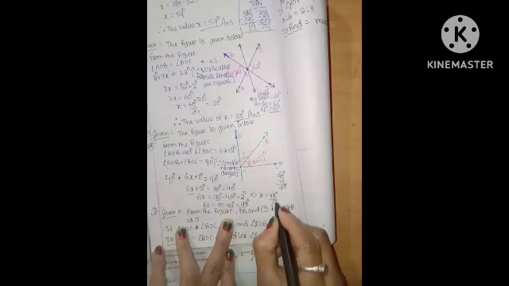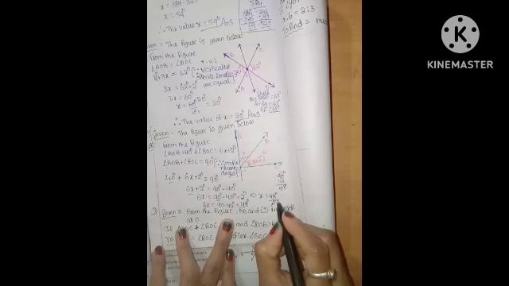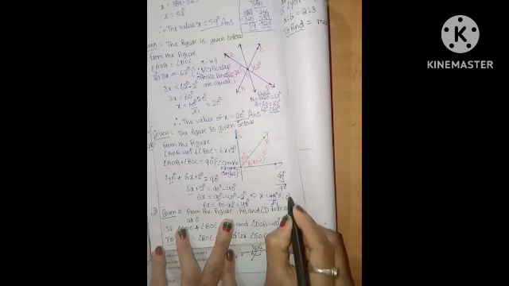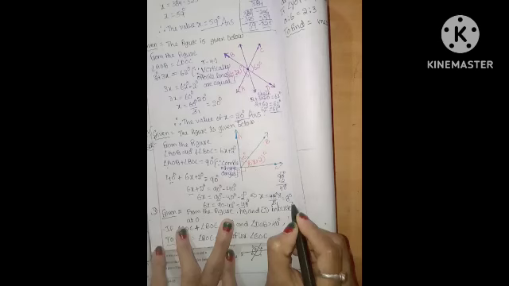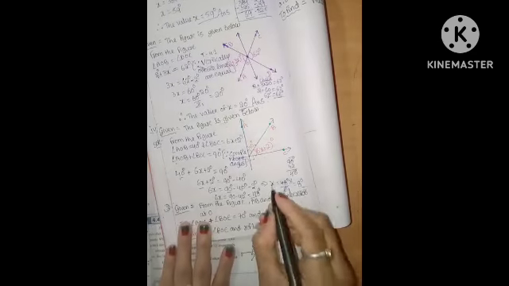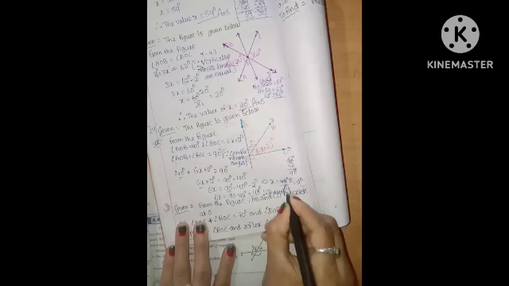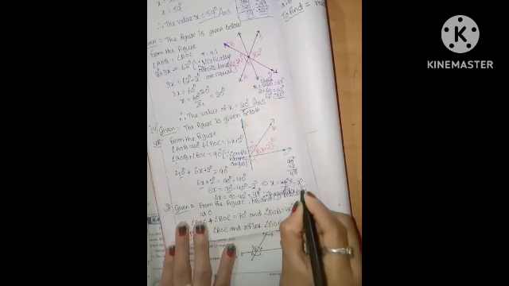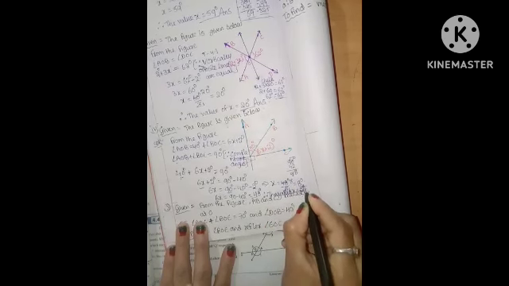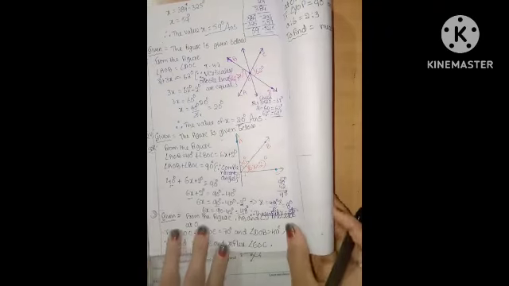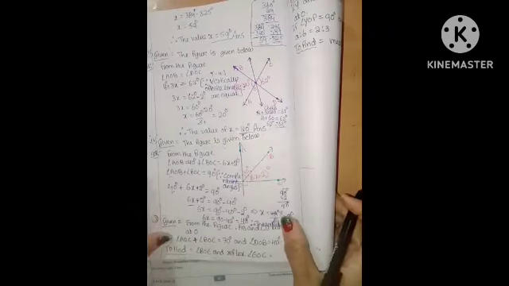Simplify this fraction. Cancellation in the table of 6: 6 1s are 6, 6 8s are 48. So how much value did you get? Therefore the value of x equals, Gagan Sai, what's the value? X equals 8 degrees. We got it. This is the final answer.